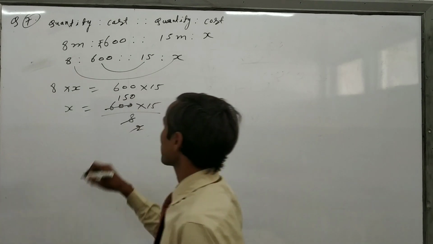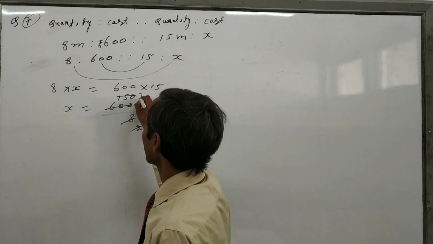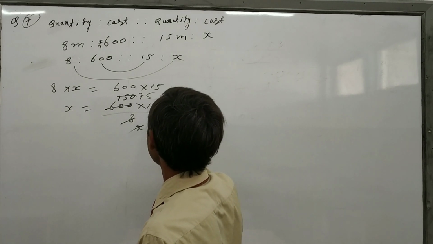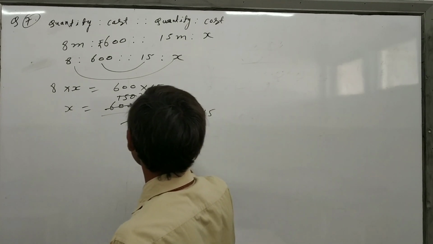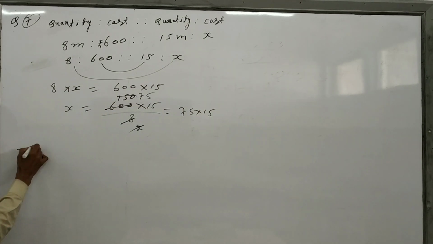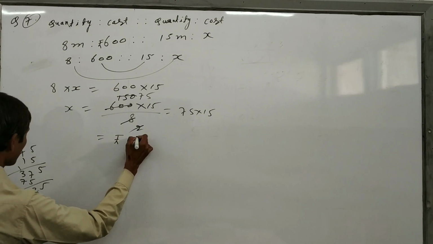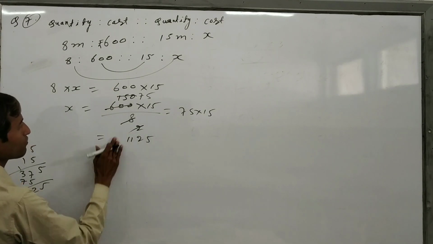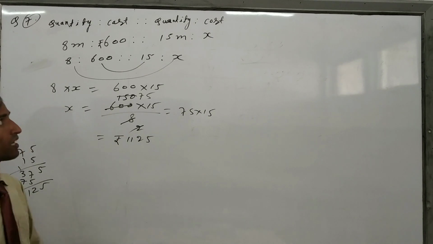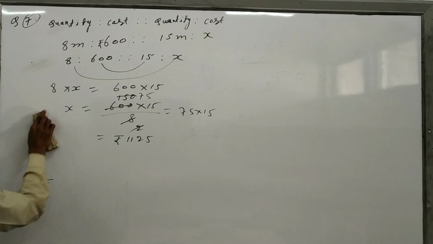Again we have to cancel by 2. So 75. Now multiply 75 into 15, then we will get the final answer. 5 fives are 25, carry 2, 35, 37, then 5, 7, 5, 2, and then 11. So the final answer is 1125 rupees. The cost of 15 meter cloth is 1125. Final answer. Okay.